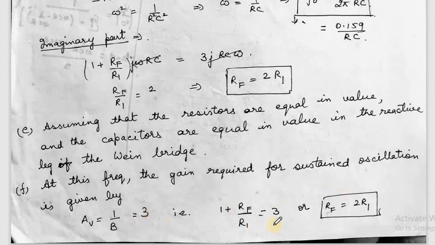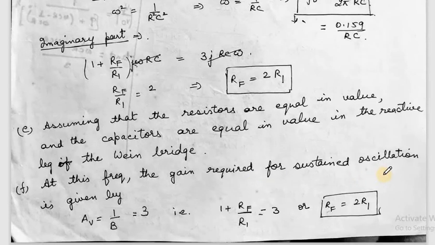This is the condition required for sustained oscillation. So this was all about the Wien bridge oscillator.